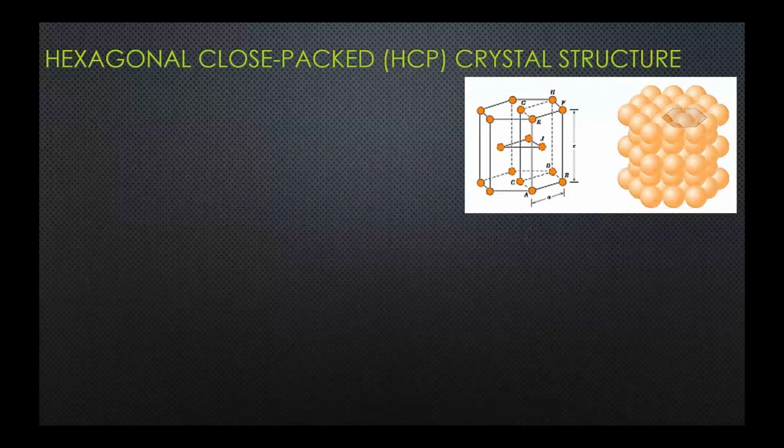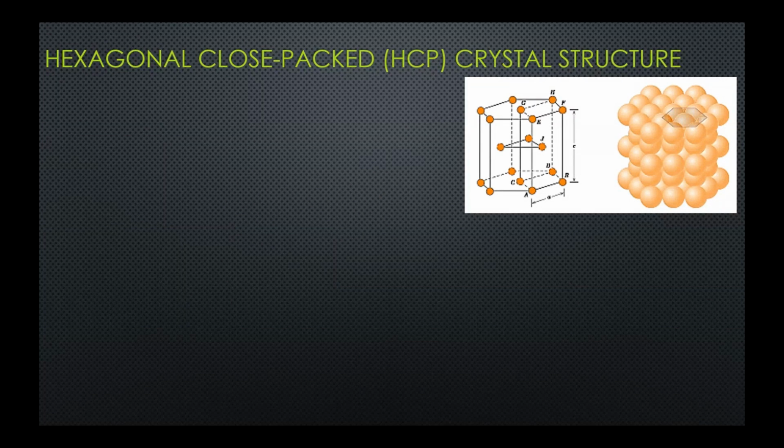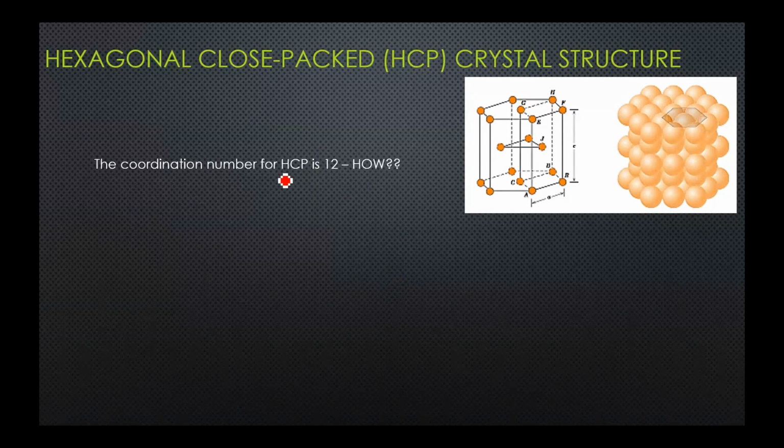Moving on towards the coordination number. How do you find out the coordination number for an HCP crystal structure? Now, in order to find out the coordination number, I'll show you the arrangement of atoms. The coordination number for HCP is 12. We'll try to understand how is it possible.